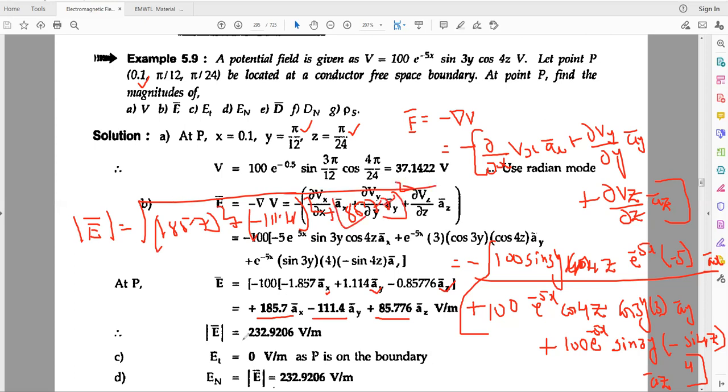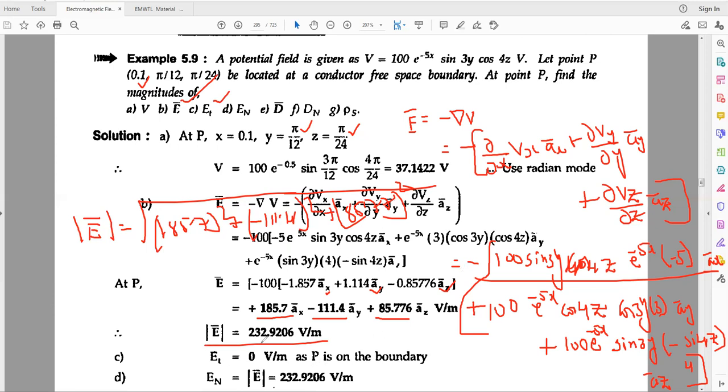To find this value, it is 232.9 volt per meter. So we got E bar at the point P. Now the third one, the tangential component: ET is equal to 0 as P is on the boundary.